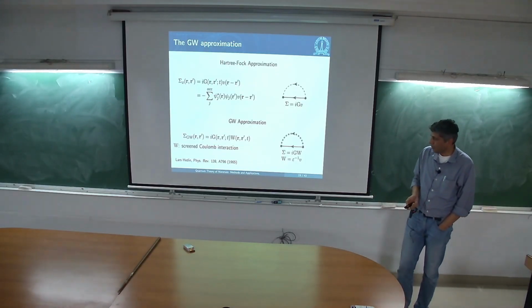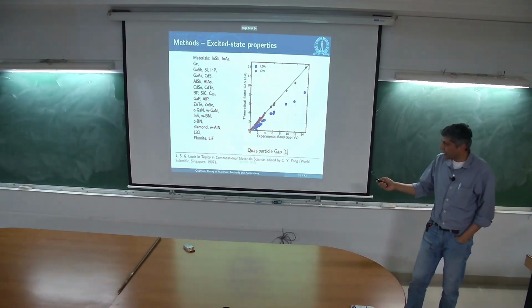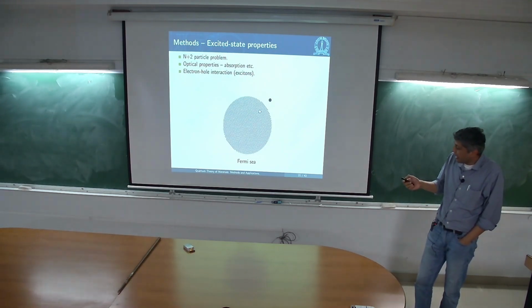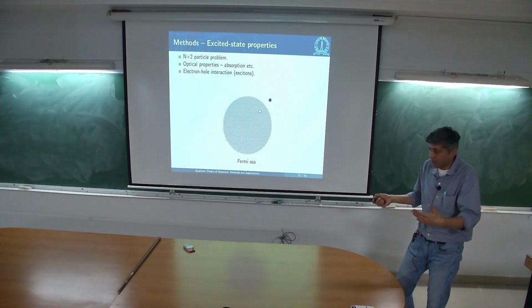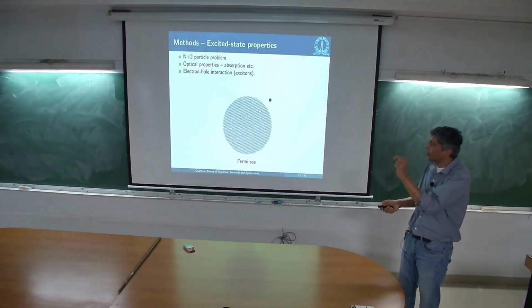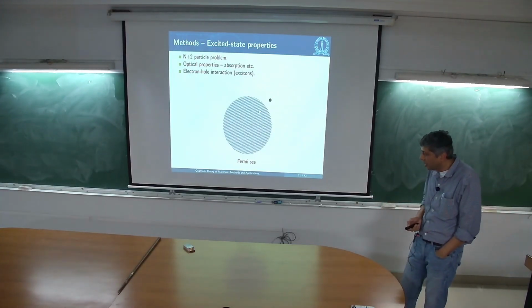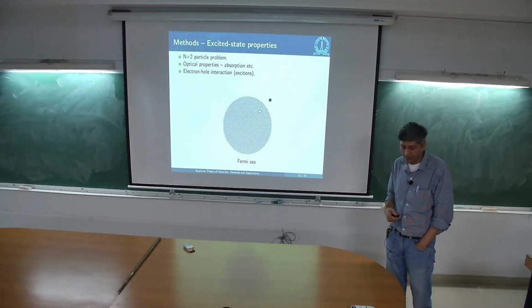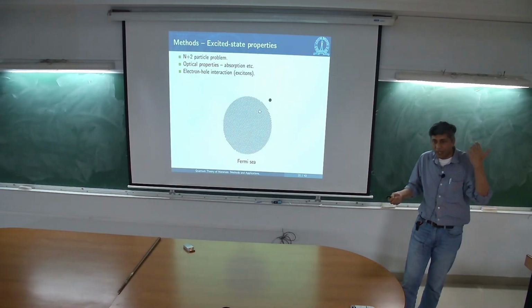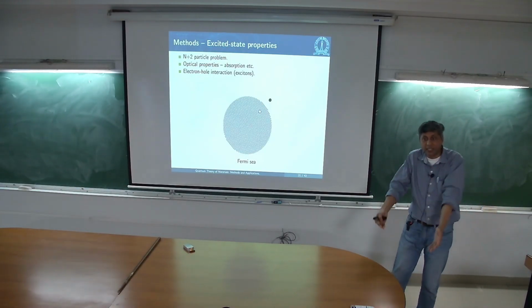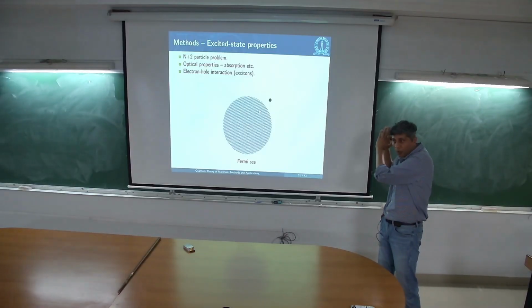Okay. So now the question becomes, most experiments in the lab, well, many experiments, people do angle-resolved photoemission as well, but there are many experiments where you shine light and you look at optical absorption, and we would like to be able to explain this. Now there are two ways in which you can do this. One is time-dependent density functional theory. That's an exact theory which should, in principle, be able to calculate this exactly.